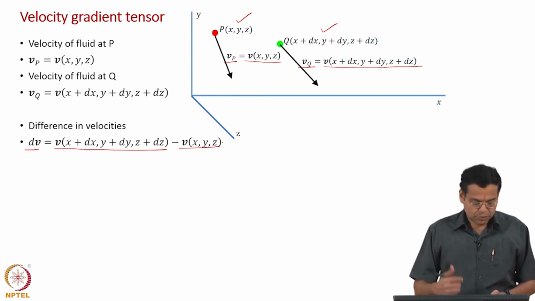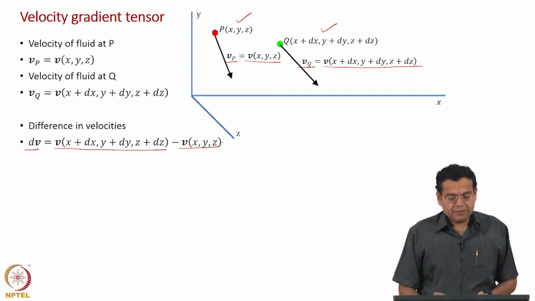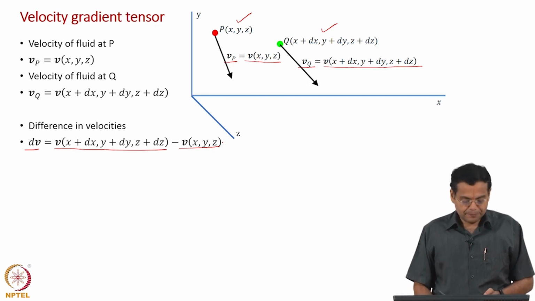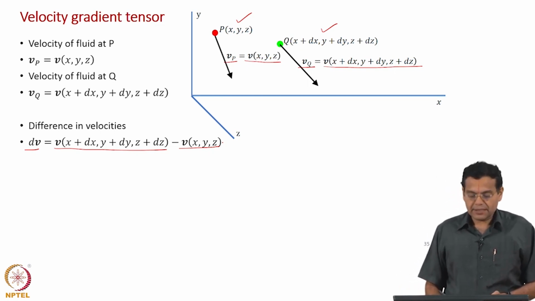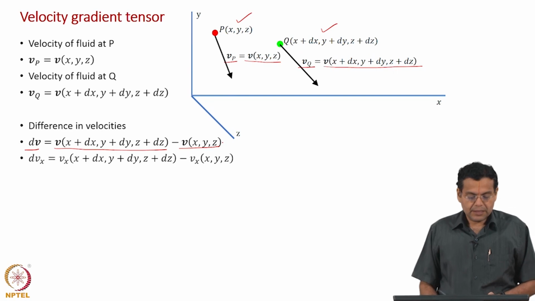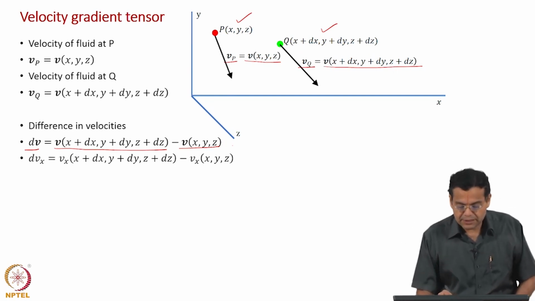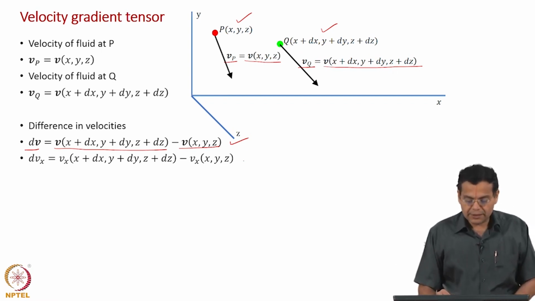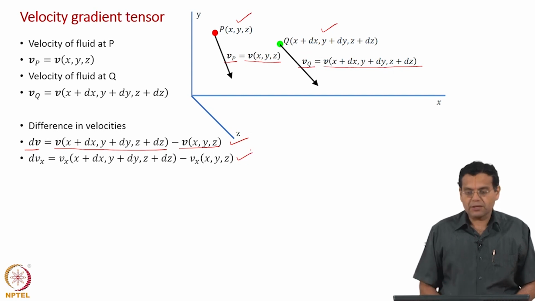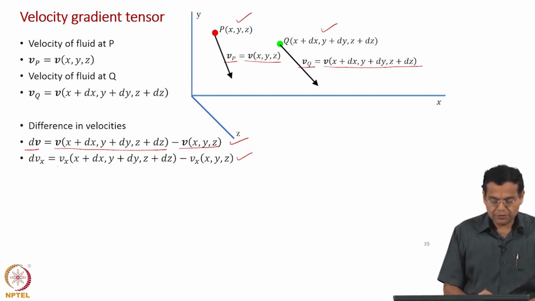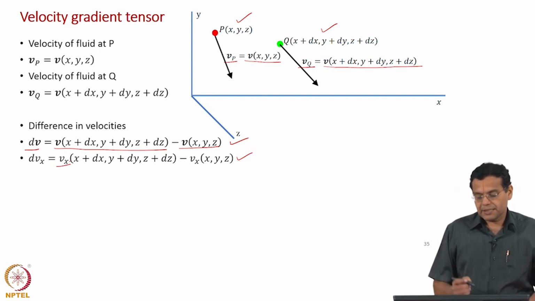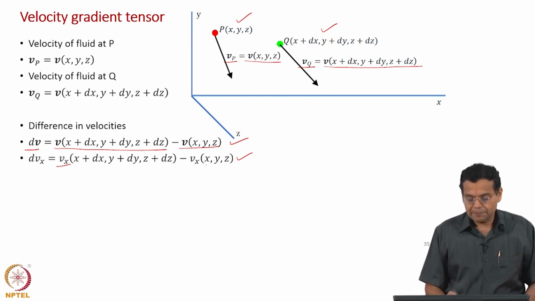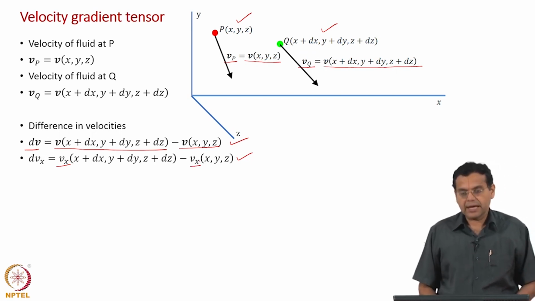To proceed further, we will write in terms of the components. Let us write it for the x direction, dVx. So, this tells the vectorial difference in velocities between two neighboring points. So, let us write down the difference in the x component of velocity: Vx at x plus dx, y plus dy, z plus dz minus Vx at x comma y comma z.